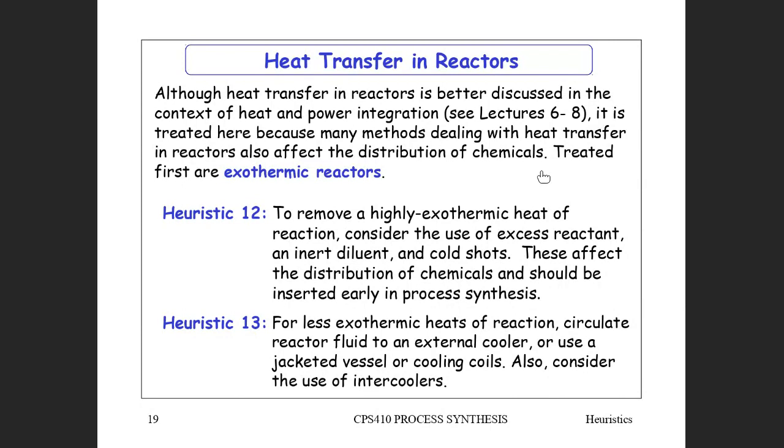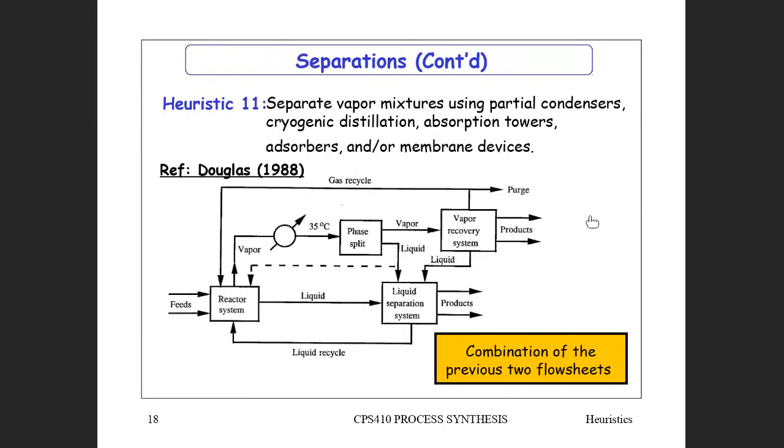Okay, so you've got to decide, how are you going to separate the vapors? Let's just go back to those options that we had there. If you can use an absorption tower, like use water, and one of those vapors is particularly polar, then that would be a really good way of doing it.